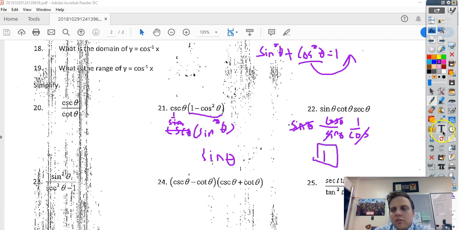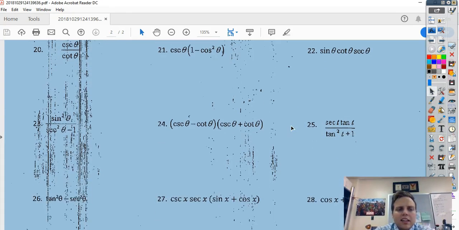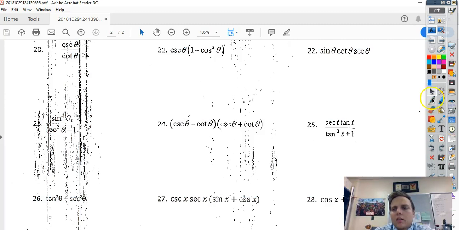Alright, 23 says sine squared over secant squared theta minus 1. Okay, secant squared theta is a Pythagorean identity. It comes from the Pythagorean identity of 1 plus tangent squared is equal to secant squared.